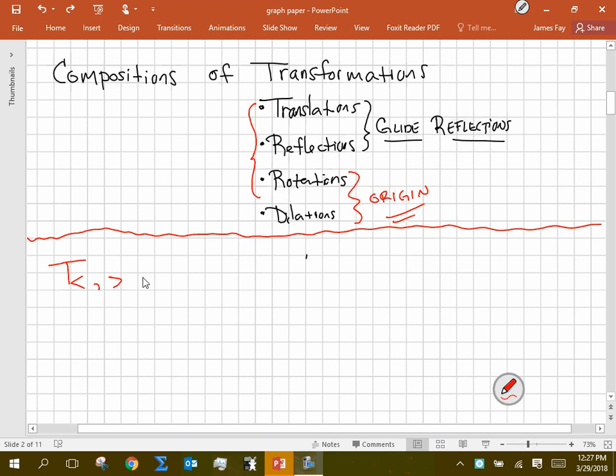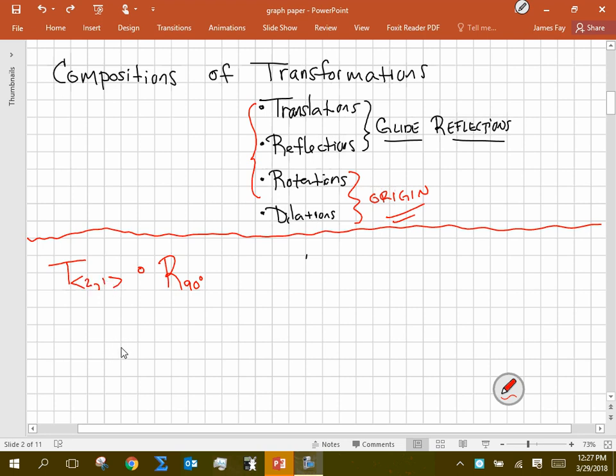You are then going to see an open dot, and then they're going to put another transformation. So maybe we do a rotation of 90 degrees. I'm just going to put 2, 1 in here just to have values there.